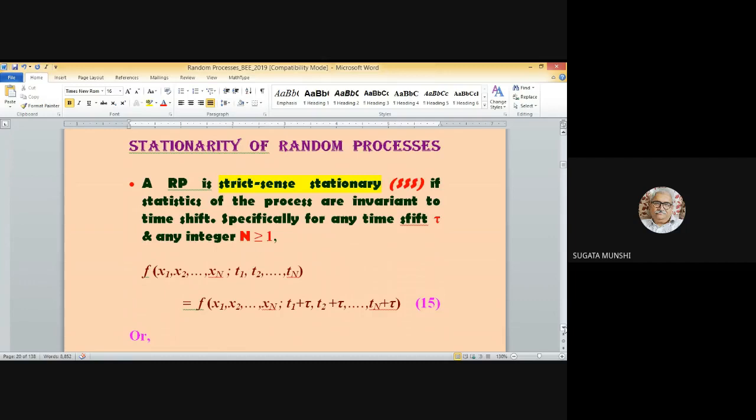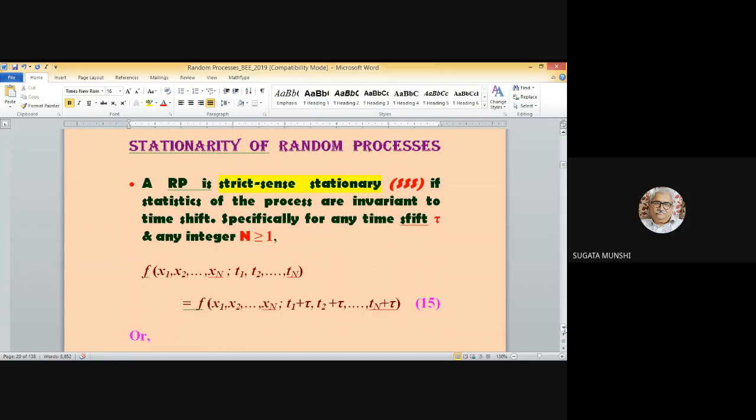So the Nth order density function evaluated for t1, t2, t3, t4, up to tn will remain the same if instead you consider the instants t1 plus tau, t2 plus tau, t3 plus tau, t4 plus tau, in this way up to tn plus tau.